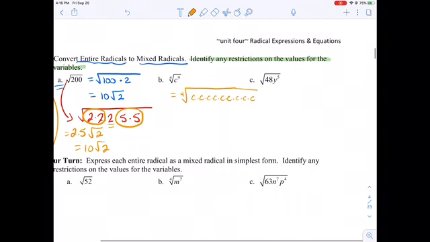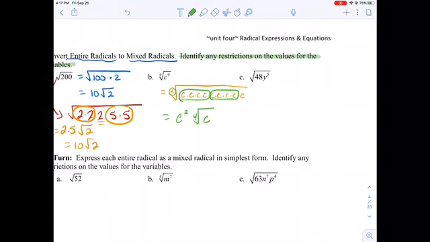And of course, how many C's do I need to take out a whole C? Because this is a 4 here, I would need 4 whole C's to take out a complete C. So I can take out 2 C's, so I've got C squared times the fourth root of C.